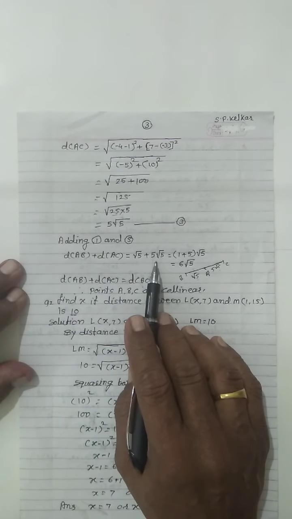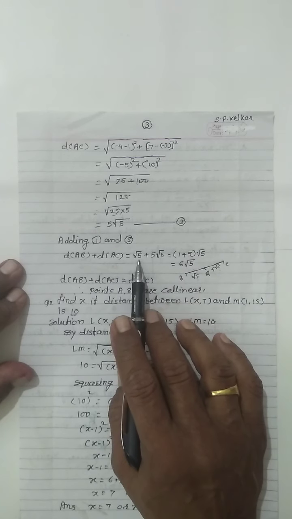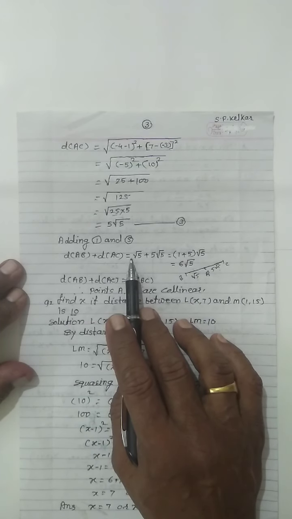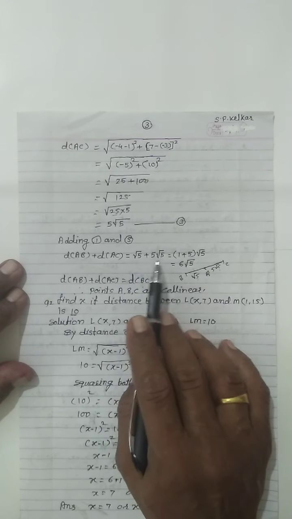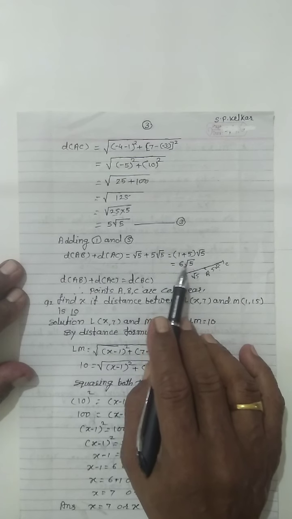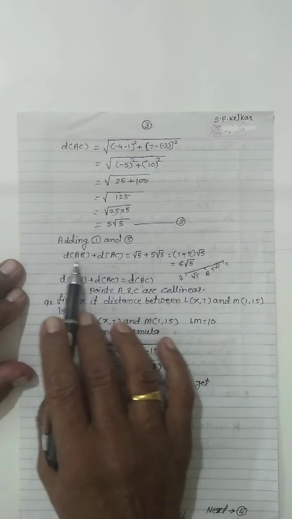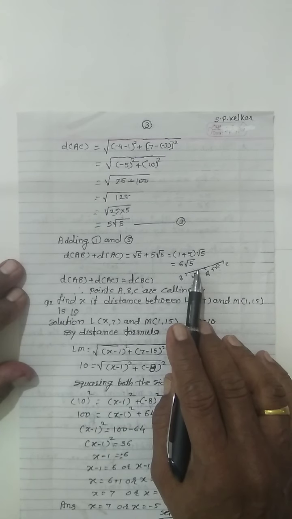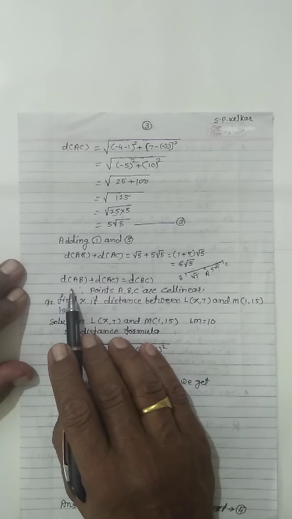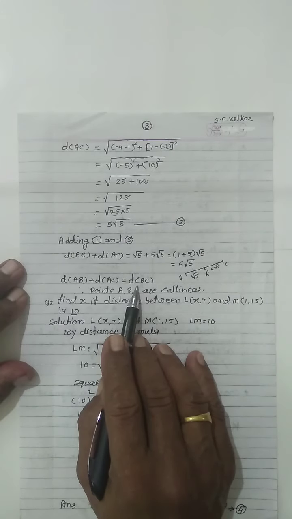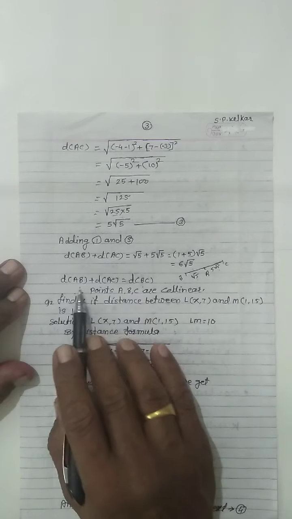We take common under root 5, and here 1 plus 5 in one bracket into under root 5. So 1 plus 5 is 6 under root 5, means the sum of these two segments equals 6 under root 5. Then see the distance BC is also 6 under root 5, that is equation number 2.